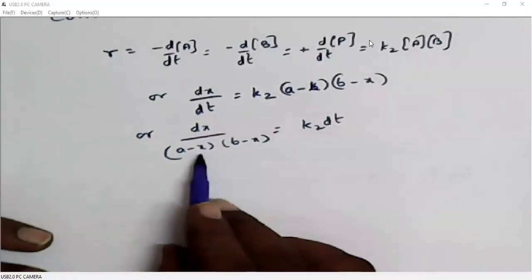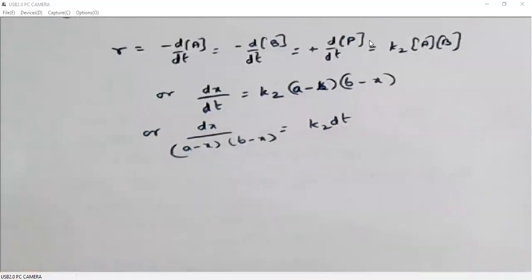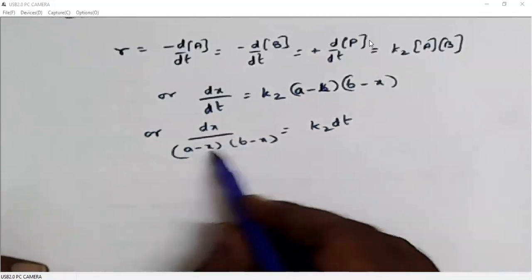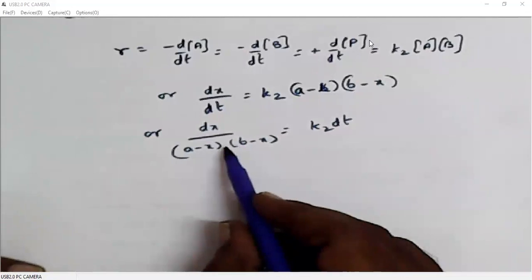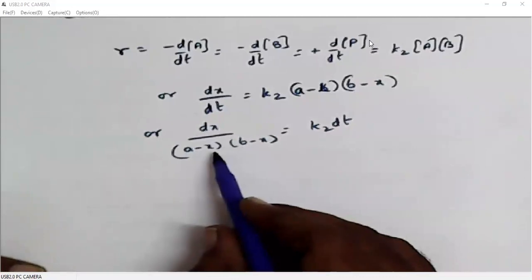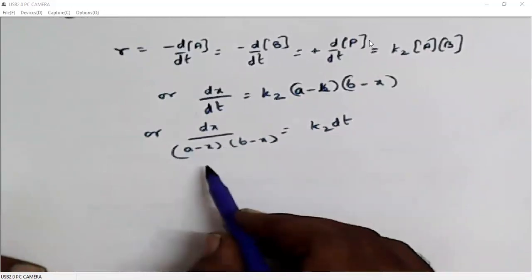Now how do we solve this, 1 by x into y? Generally we integrate it, but when we integrate 1 by x into y, if you have two variables, it is difficult to integrate them in a single step. So we will simplify this so that we can easily convert it into an easily integrable form.